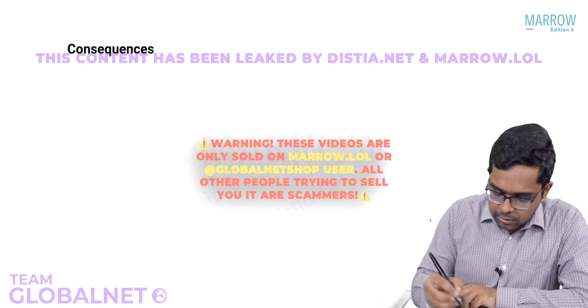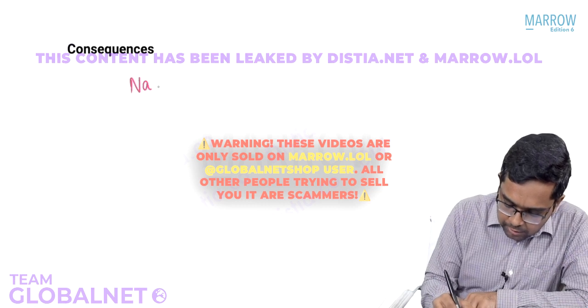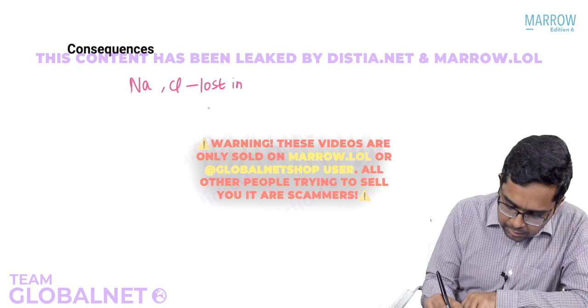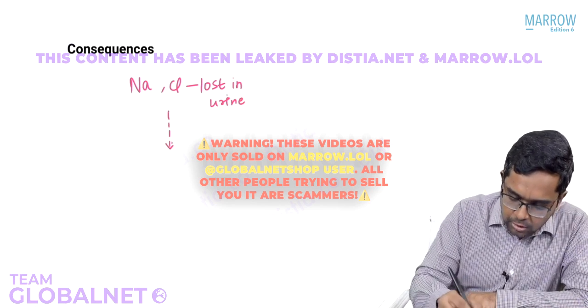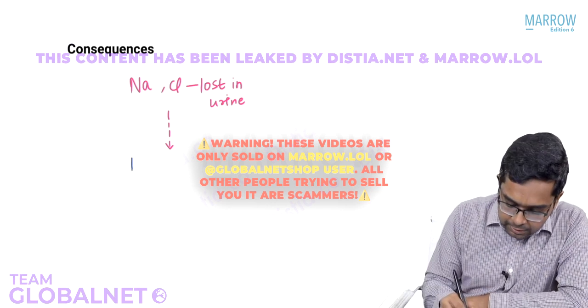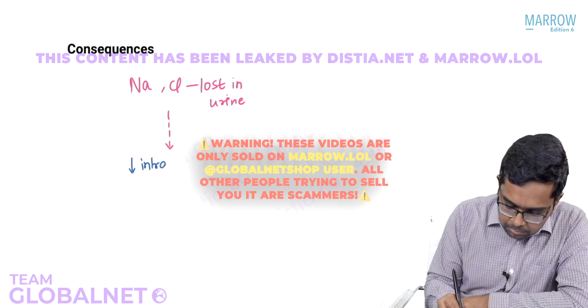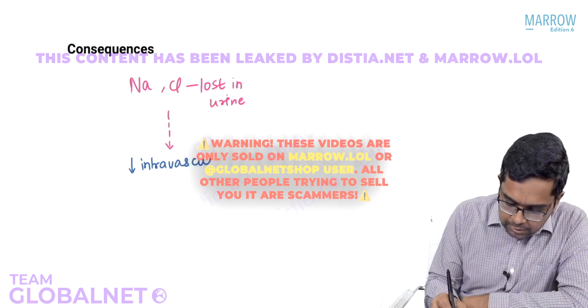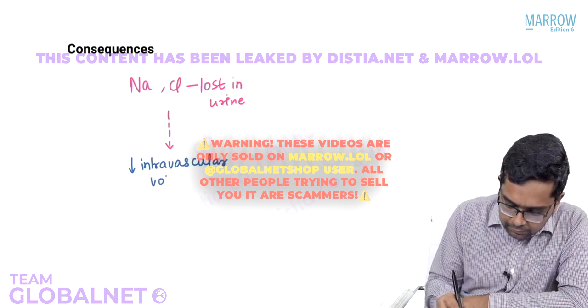So, what is happening? Sodium and chloride is lost in the urine. When sodium is lost in the urine, you automatically know what the response will be. There will be a decrease in the intravascular volume. So, when there is a decrease in the intravascular volume, what will get activated?